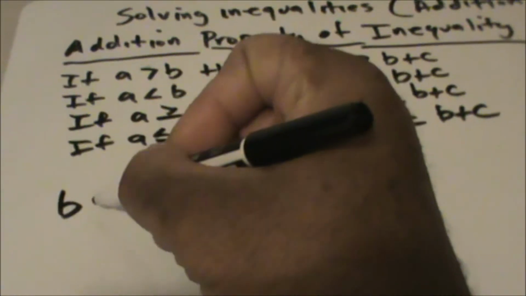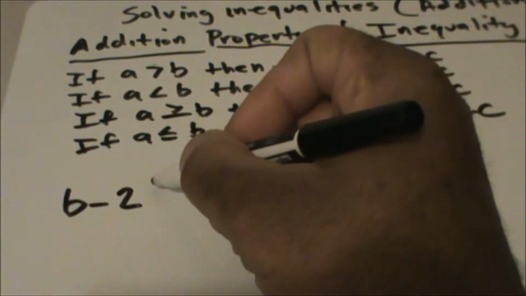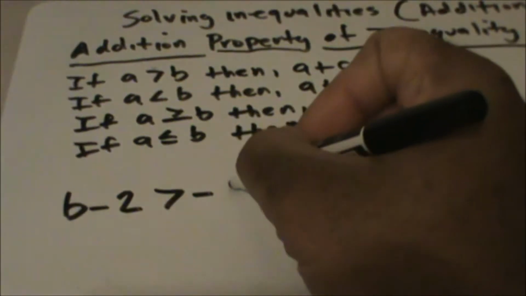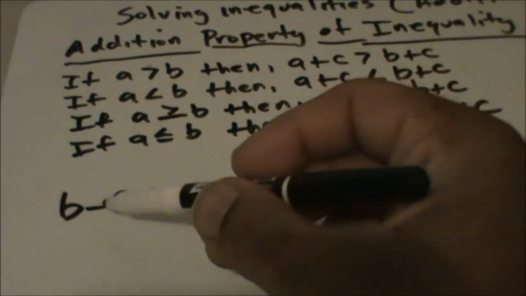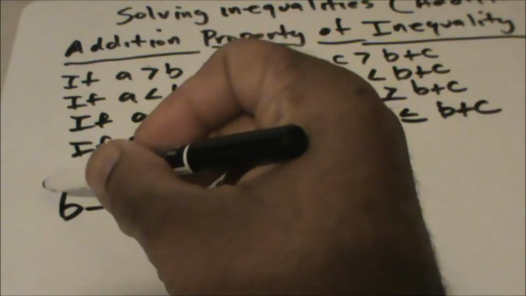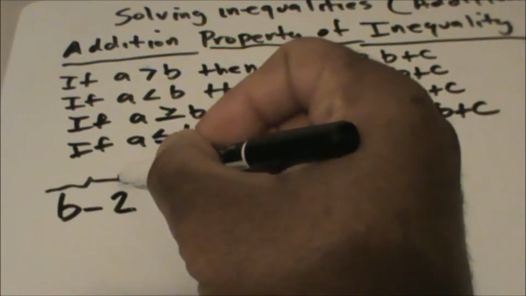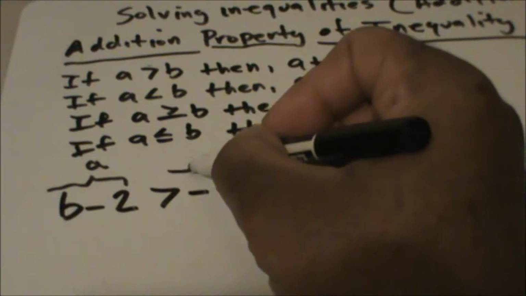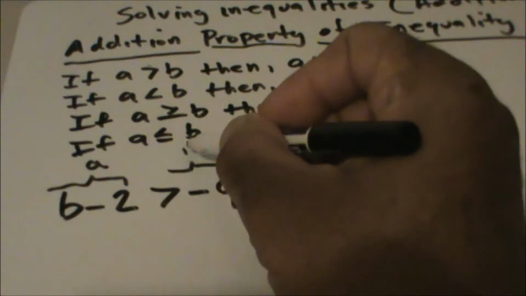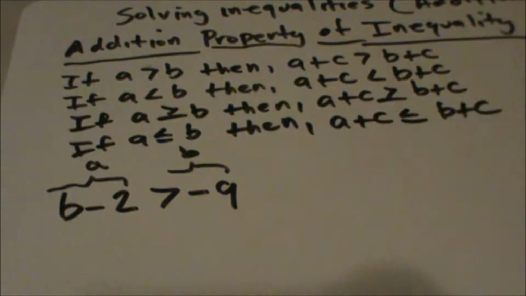Let's take an example. B minus 2 is greater than negative 9. Using the addition property, you have B minus 2, so this represents your A, and this represents your B.